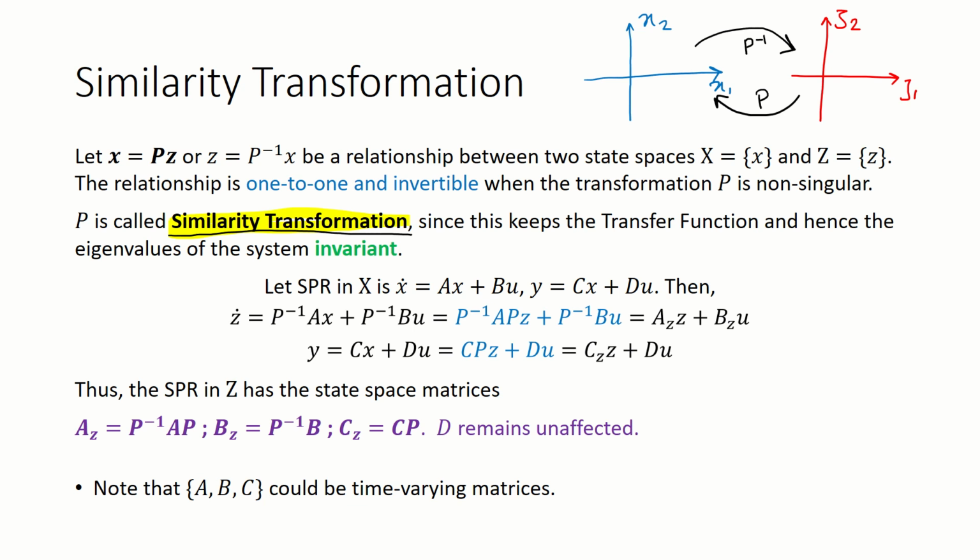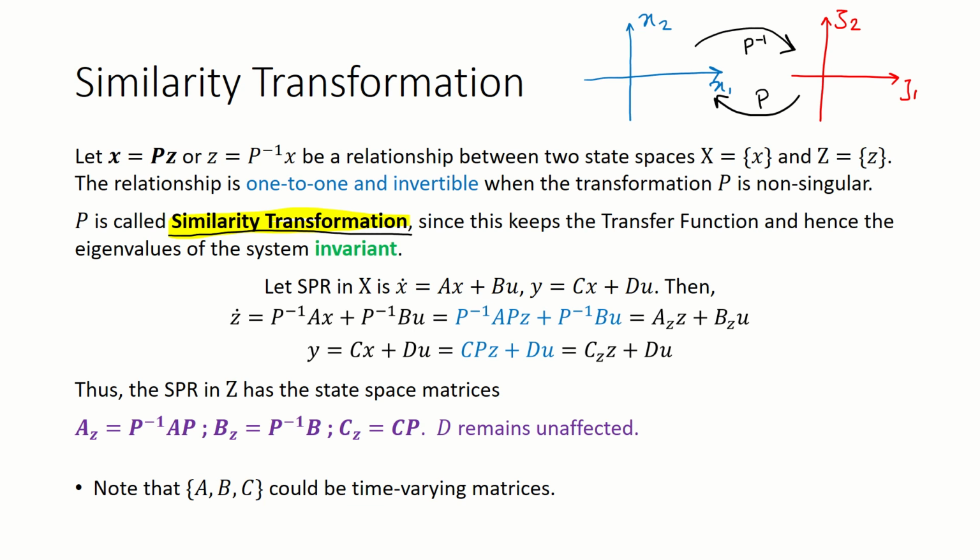There are so many state space representations, however the essence behind the representation, what it tries to represent, the transfer function, the characteristics of the system, remains the same even though the representation changes. And why do we go from one representation to another?